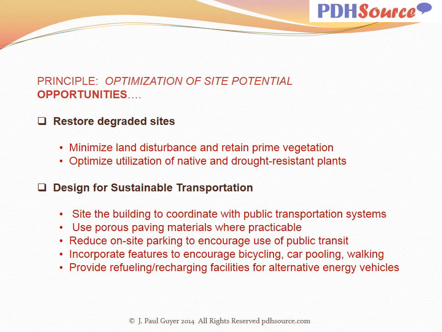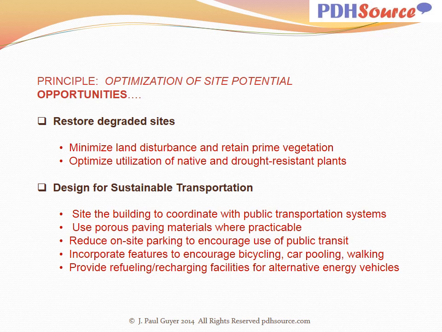Restoring degraded sites. Perhaps you may have enough money in your budget that once you get your building built, you can go out and restore a degraded site, such as an underused parking lot: dig it up, plant it in native vegetation, and that is recognized as legitimate. Designing for sustainable transportation can be something as simple as providing bike racks for employees at the front door.